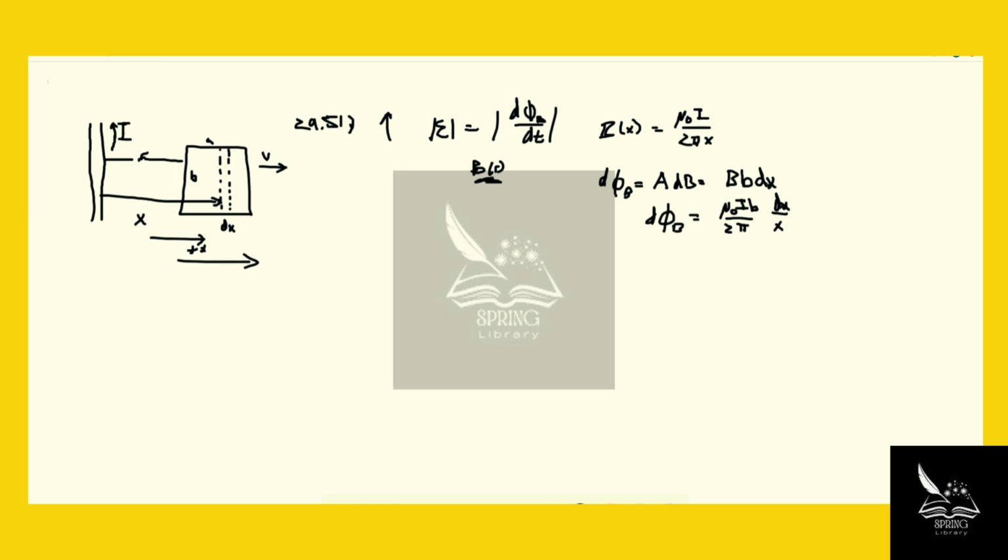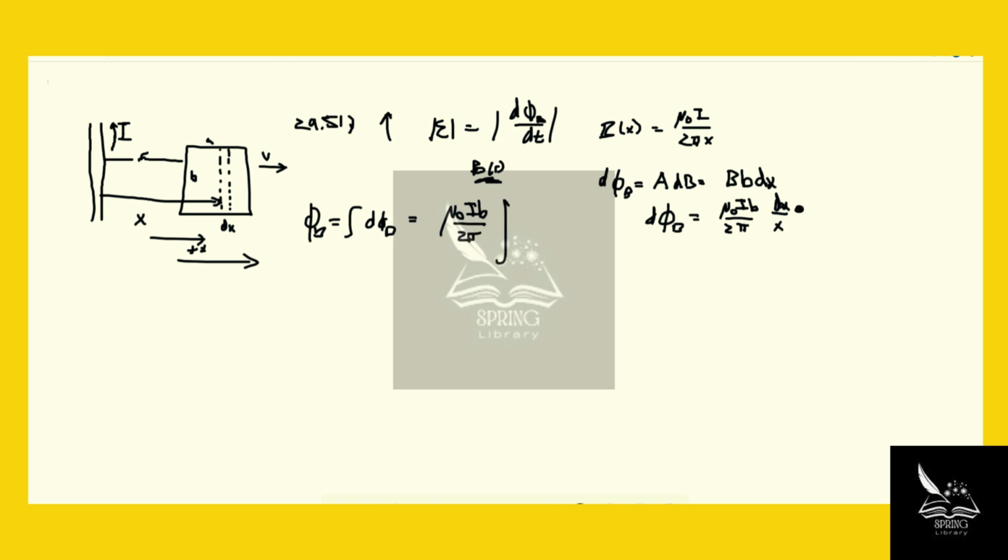Cool. Now we can finish this out to figure out what the total flux is going to be. We have to integrate, so the total flux is the integral of the differential flux. We rewrite it with our expression, mu naught I b over 2 pi, and now we have an integral.